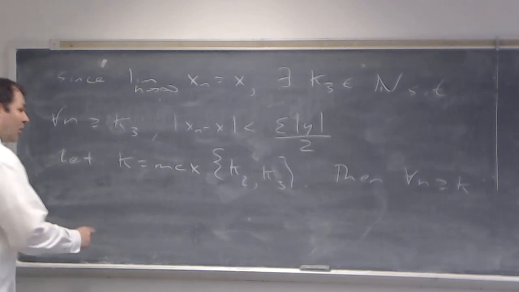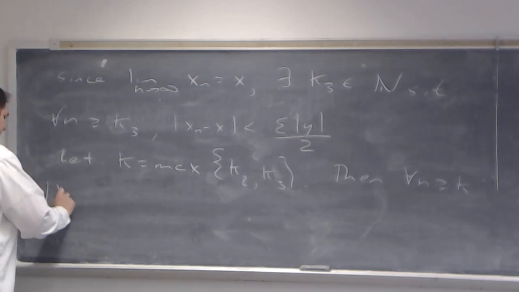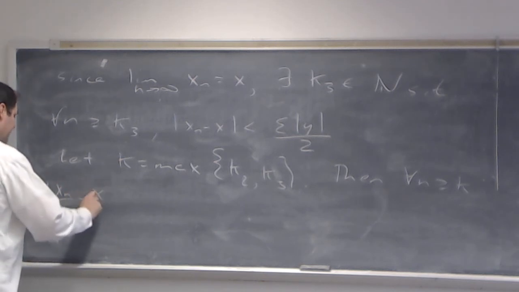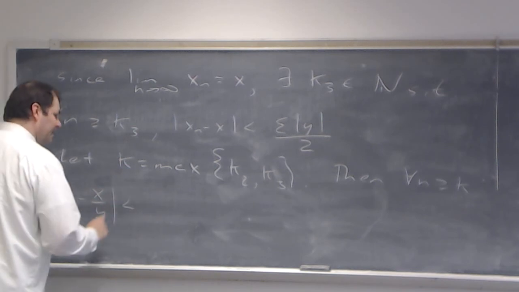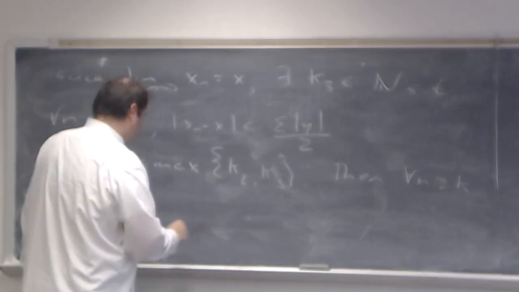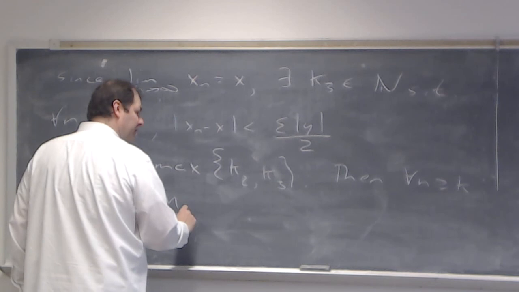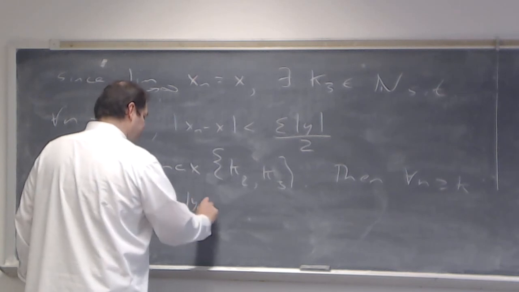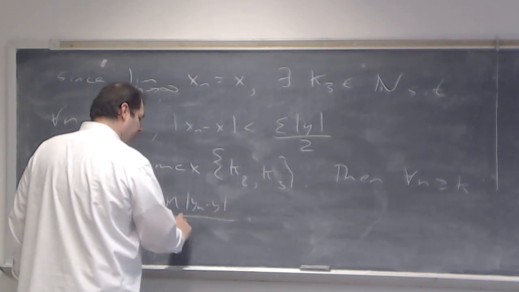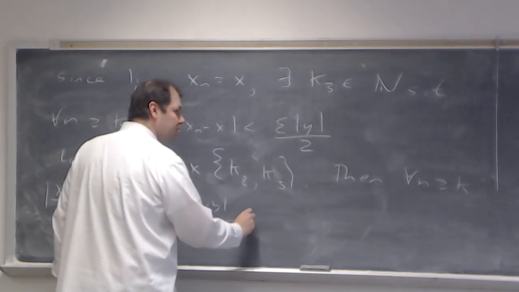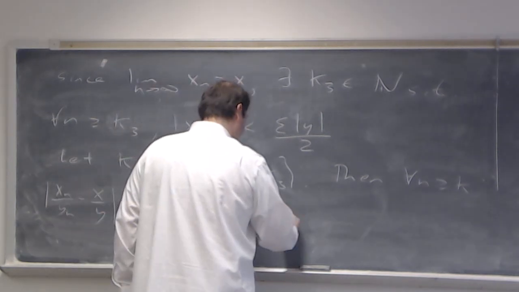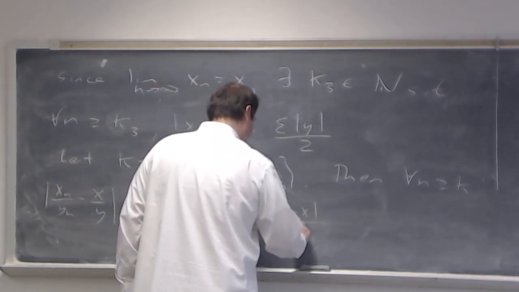For all n greater than K, the absolute value of x sub n over y sub n minus x over y is less than or equal to what I had written over here, t times m, which we'd already found, times the absolute value of y sub n minus y over the absolute value of y, plus the absolute value of x sub n minus x over the absolute value of y.